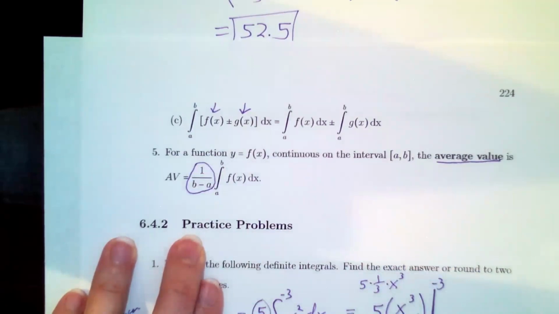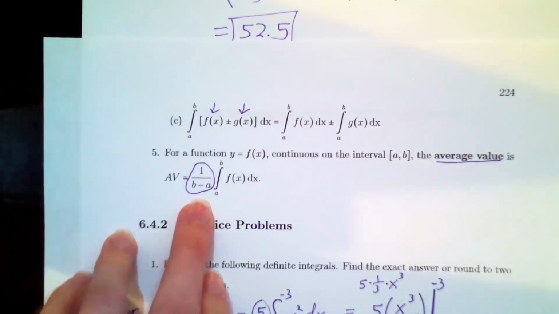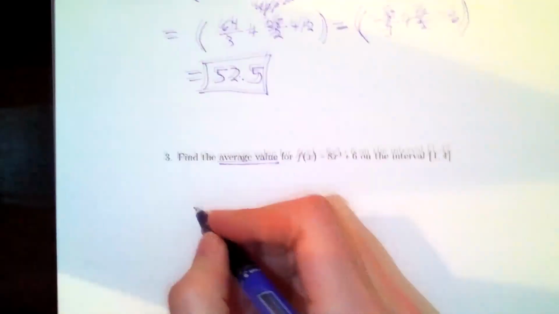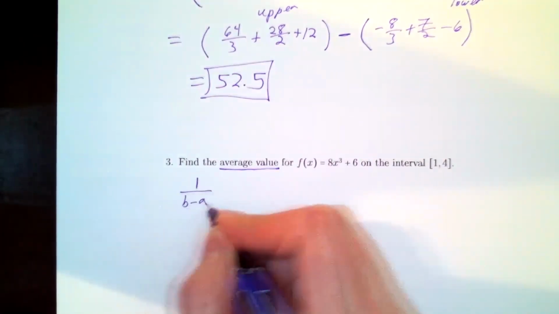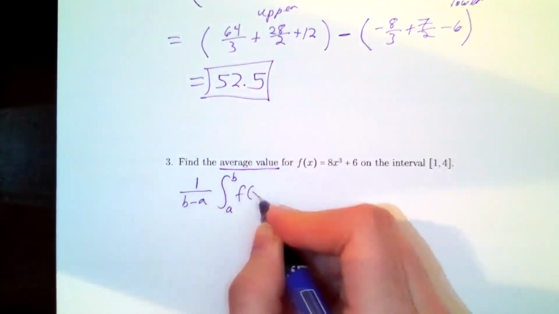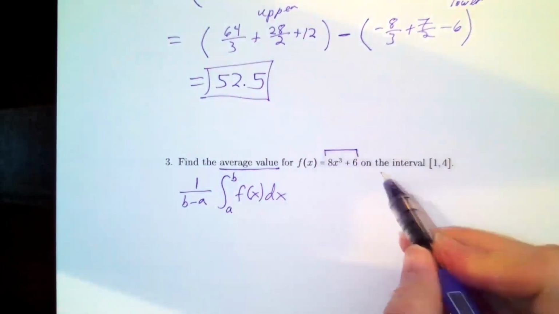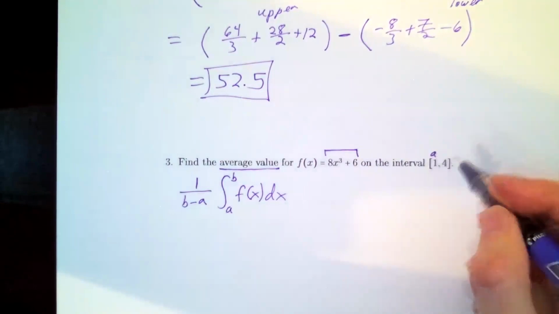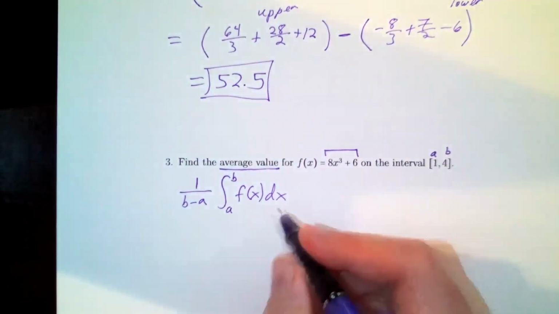So let's come back over here, steal this formula, and apply it to this problem. The average value of anything is 1 over b minus a, integral from a to b of f of x dx. So this is my function I'm going to be integrating, and they give you an interval, 1 to 4. This is your a to b. 1 is a, and b is 4. So let's plop this all in my formula.